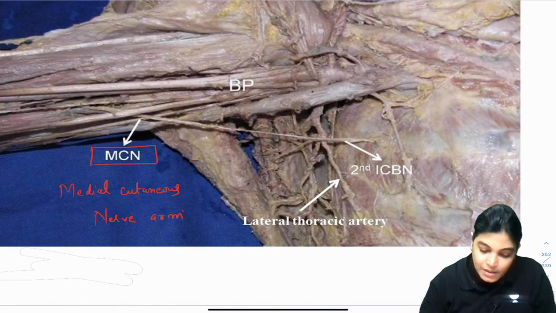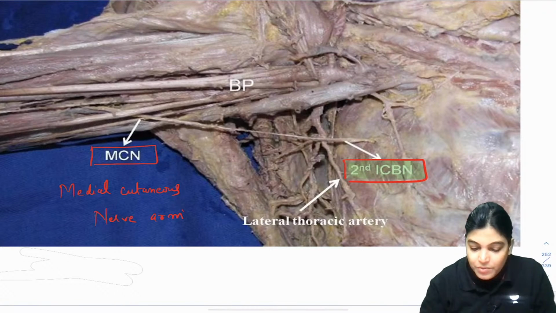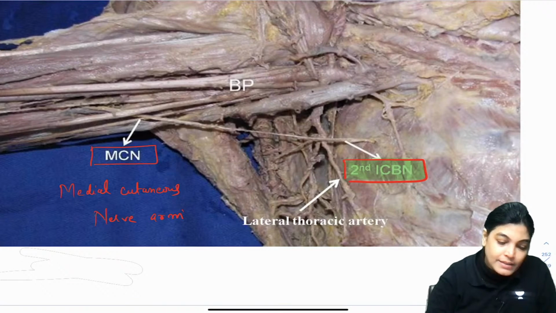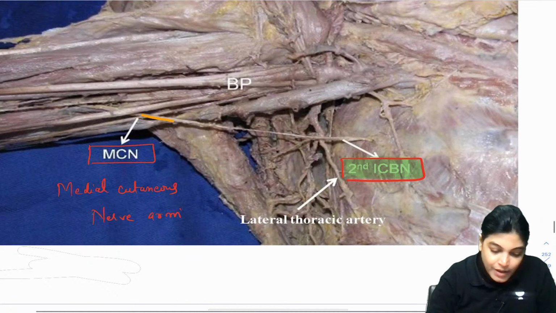And what is this nerve? This is the second intercostobrachial nerve, the lateral cutaneous branch from the second intercostal nerve. And here is the communication, so let me use a yellow color showing this nerve and communication.